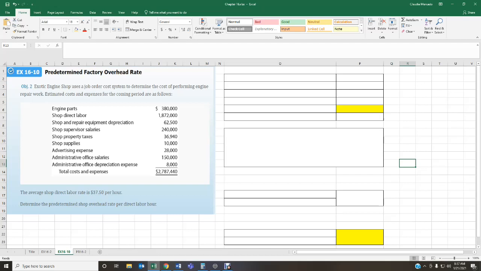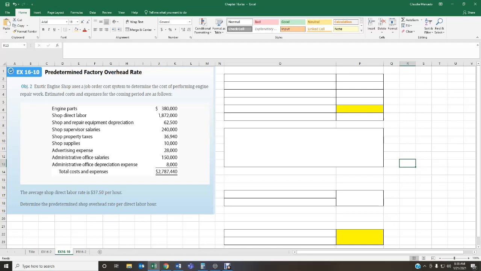So we have engine parts of $380,000, shop direct labor of $1,872,000, shop and repair equipment depreciation $62,500, shop supervisor salaries $240,000, shop property taxes $36,940, shop supplies $10,000, advertising expense $28,000, administrative office salaries of $150,000, and administrative office depreciation expense of $8,000.